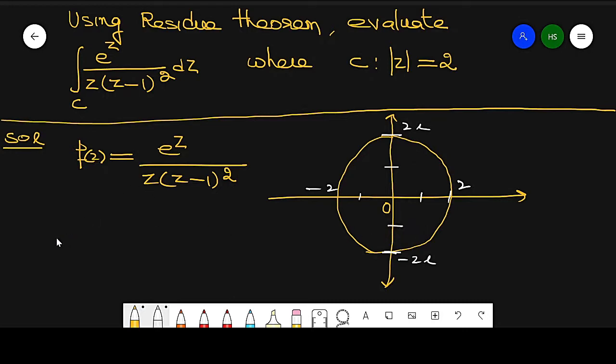Now what are the singularities? z is equal to 0 and 1.